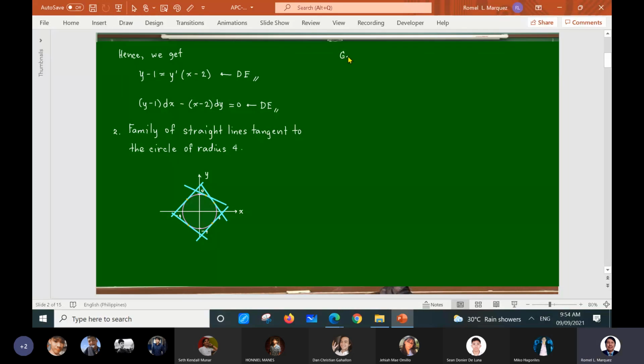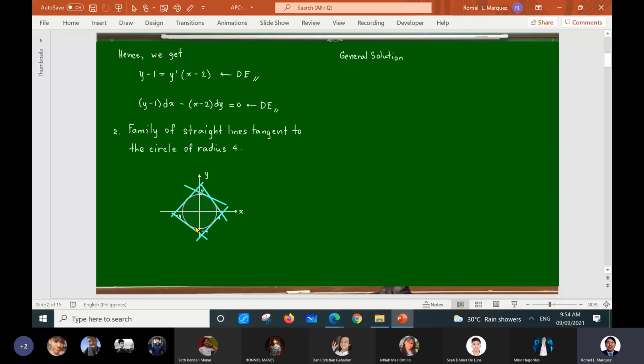What is the general solution representing that family? You must be able to convert that property analytically or algebraically. Guys, do you still remember the standard form of a straight line with a fixed distance from a certain point?